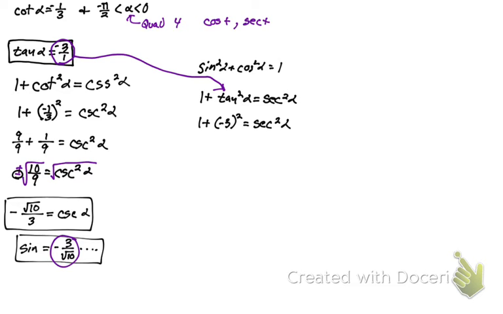So the problem stems from the fact that you use the quotient identity. You use the fact that tangent equals sine over cosine. The cotangent. You use the cotangent. So we have cotangent alpha equals cosine alpha over sine.